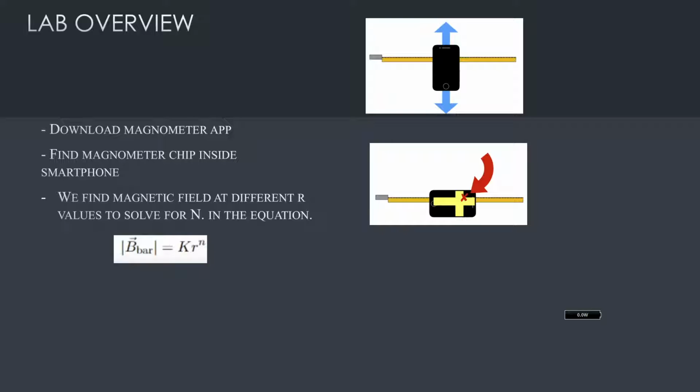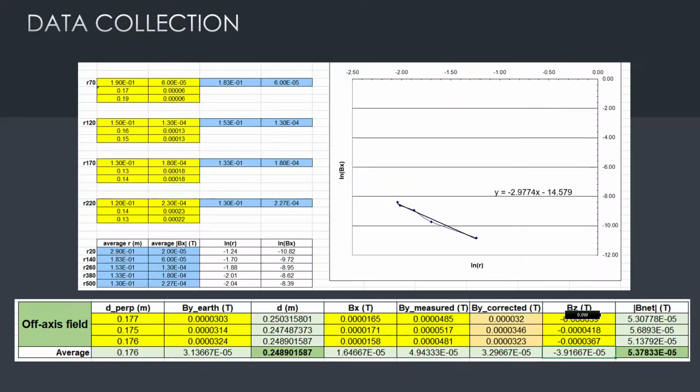We basically find different magnetic fields at different R values to solve for n in the equation shown. We find the distance from the magnet to the sensor that produces a magnetic field with an X component of magnitude 20 microtesla.